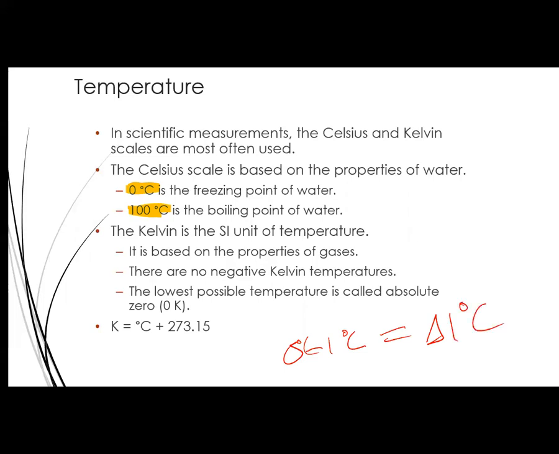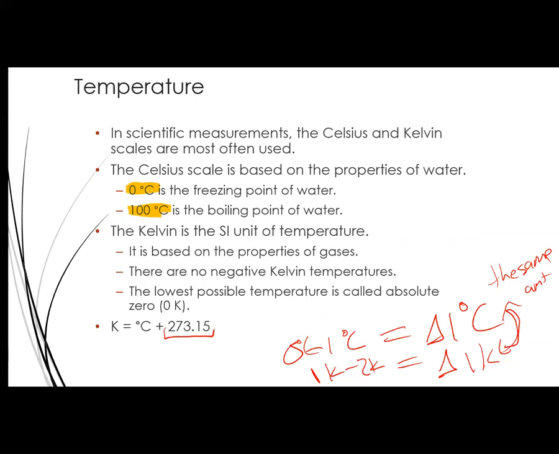To go from 1 Kelvin to 2 Kelvin, that change would be 1 Kelvin, and these values are actually the same. And that's because to convert from Celsius to Kelvin, all we have to do is add 273.15. If we want to go from Kelvin to Celsius, then we have to subtract the 273.15.